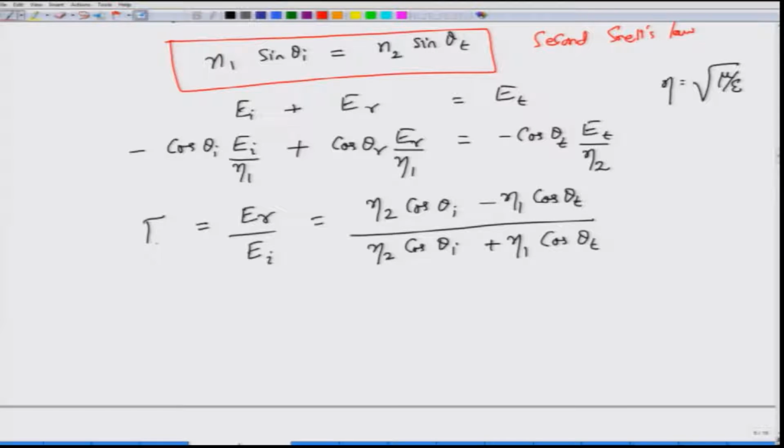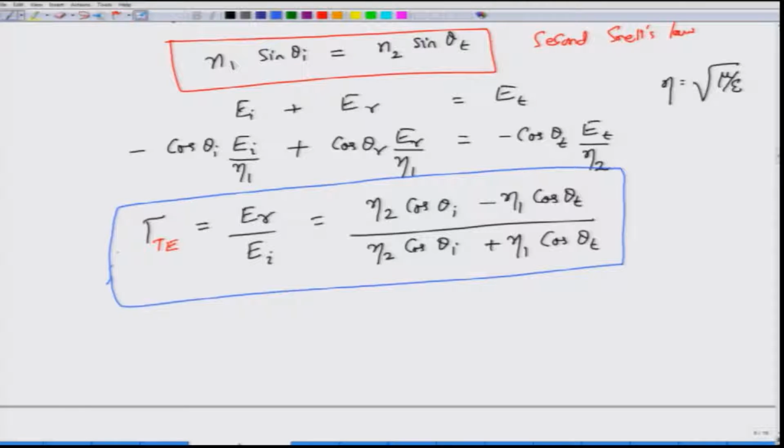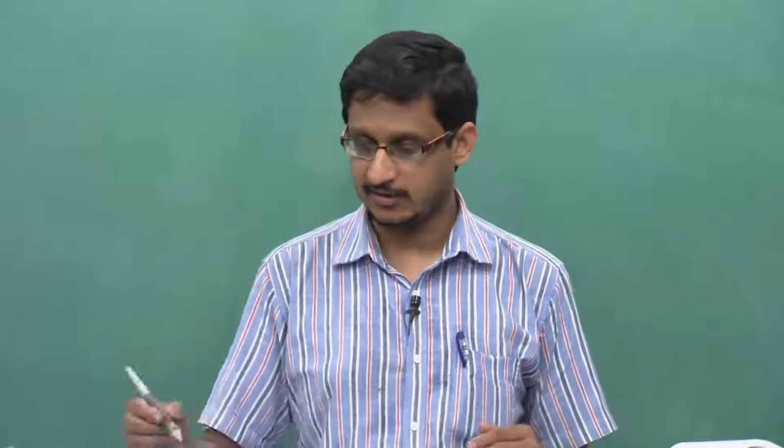This equation is valid for the TE case, okay, and is the reflection coefficient that we wanted to derive. This relates the ratio of the electric field in the reflected to the incident electric field.